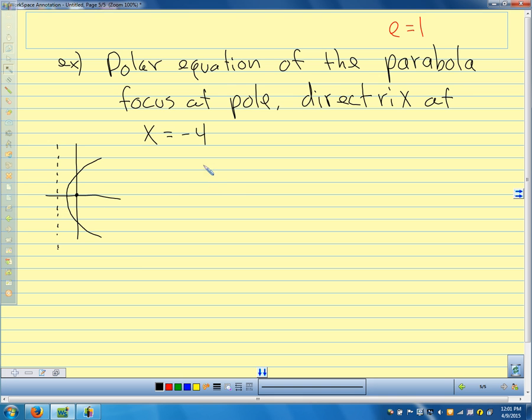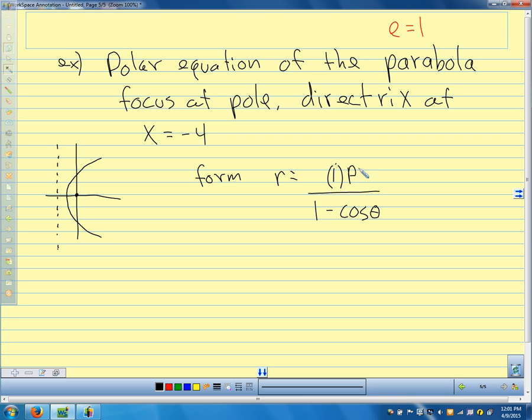So our form is going to be r equals 1 times p over 1 minus cosine theta. Cosine function because it has polar axis symmetry. This sign is minus because our directrix is to the left of the pole.